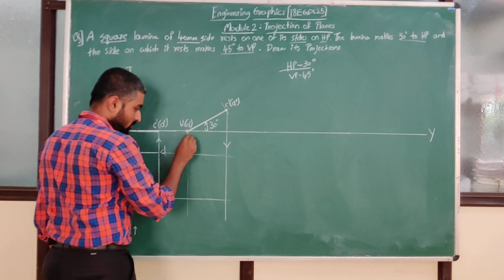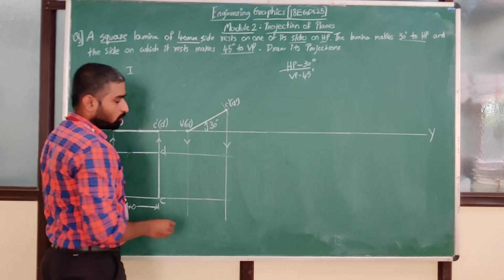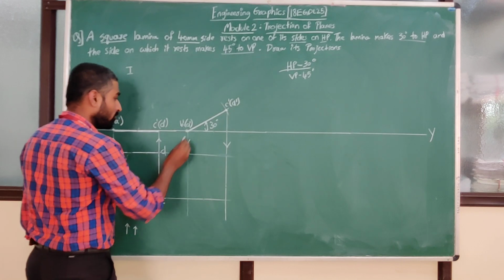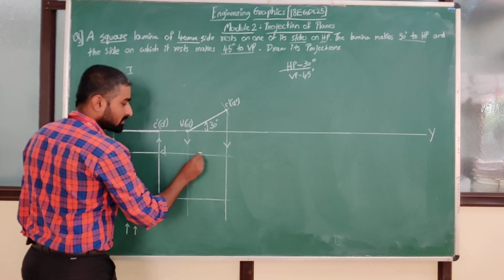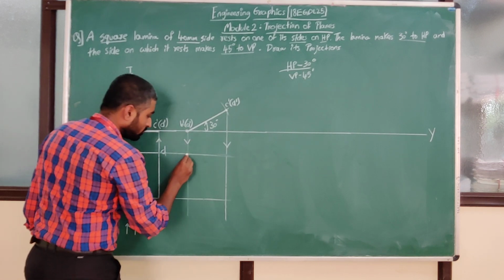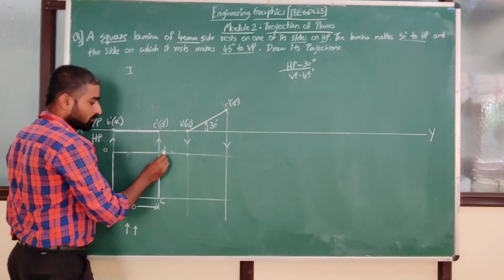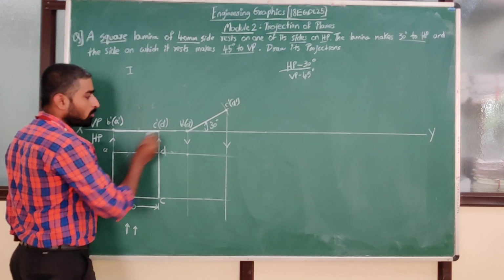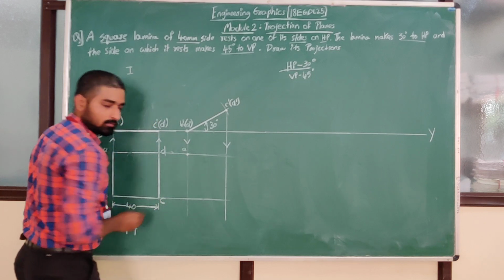From this line, A dash point and B dash point are coming. But which point is intersecting at the location, we have to name that point. So from this line A and B are coming, and from here B and A are coming, so the common point between both the lines is the A point. Let us name this as A point.